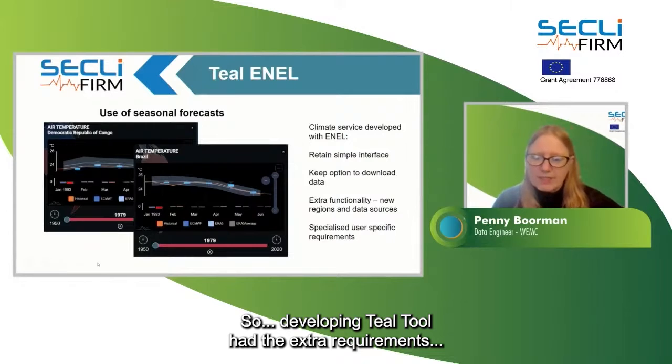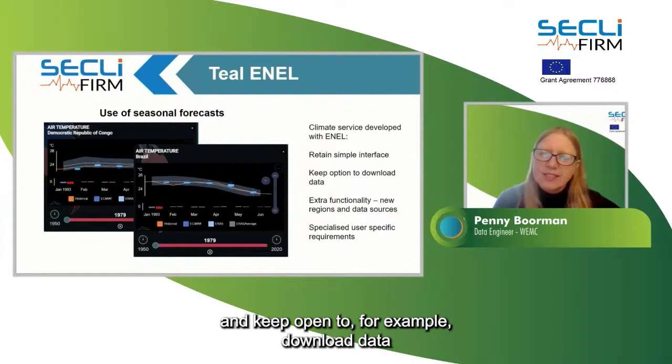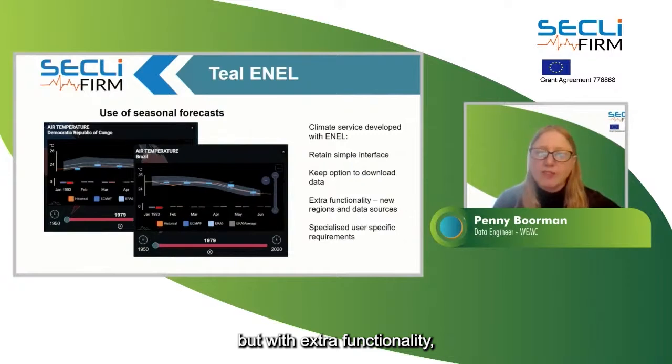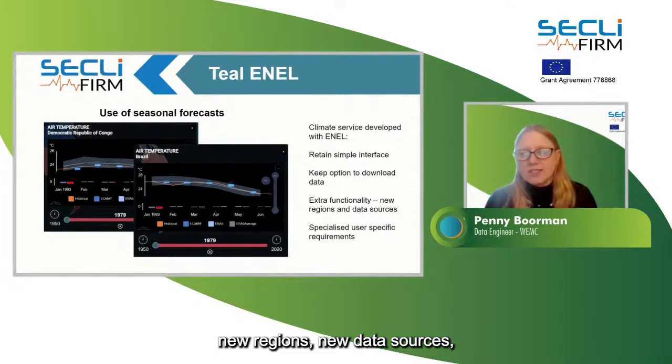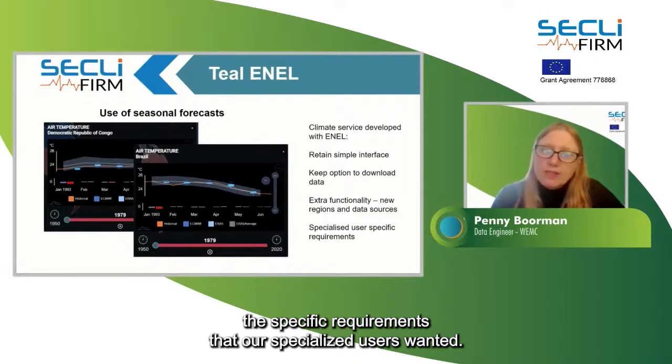In developing Teal, we wanted to retain the simple interface and keep options to, for example, download data, but with extra functionality, new regions, new data sources, and of course, using the seasonal forecasts. To this end, we used the specific requirements that NL's specialized users wanted.